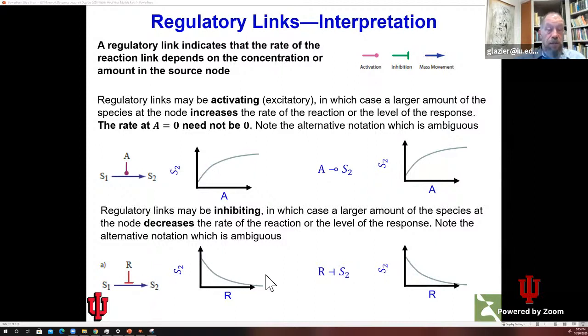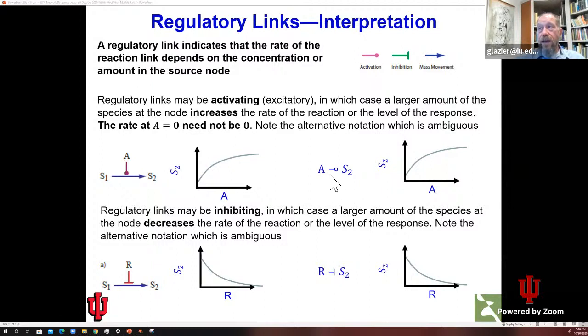There's a bit of an annoyance in the biological literature, which is very often the source term S1 is not written. And so you'll see a shorthand for this correct notation, which is A has a lollipop arrow pointing at S2. And in principle, a regulatory arrow should only point at another arrow, not at a species.